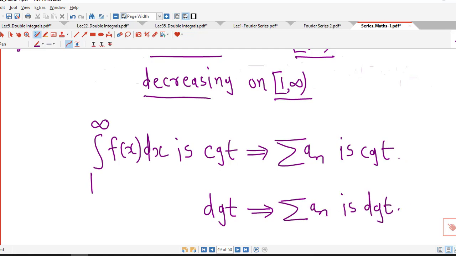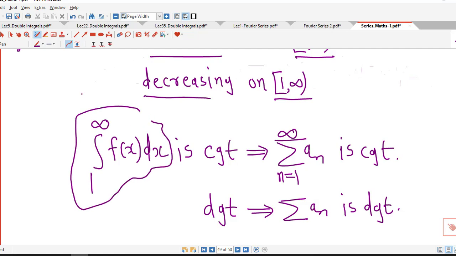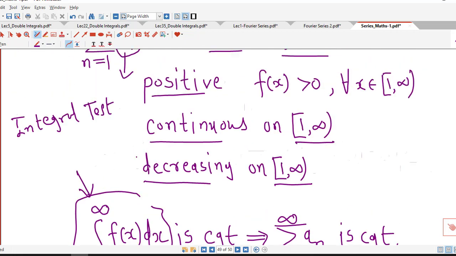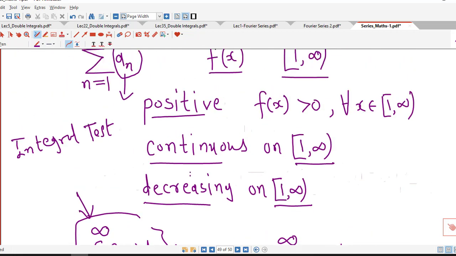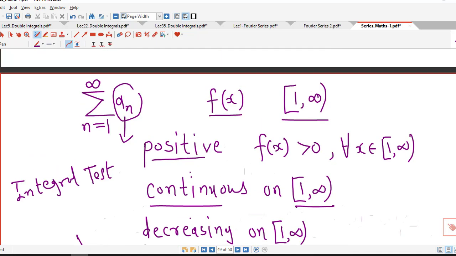So convergence or divergence of the series sigma a_n depends on the convergence or divergence of this improper integral of the function f(x), where our function is positive, continuous and decreasing on [1, infinity). So this is the statement of the integral test.